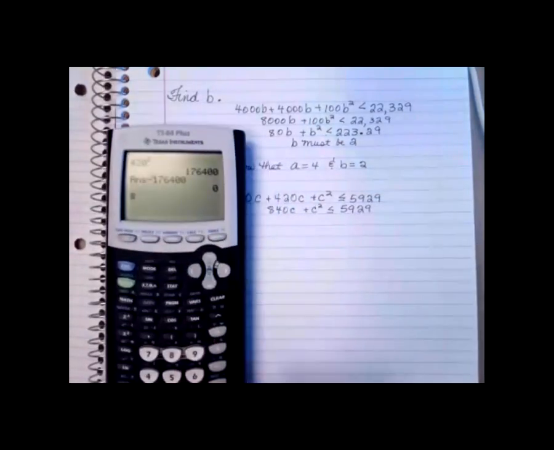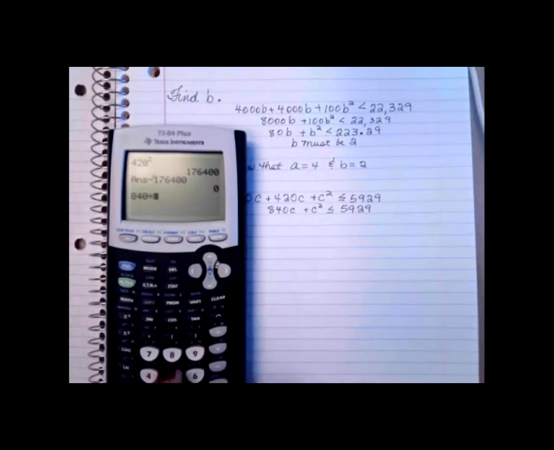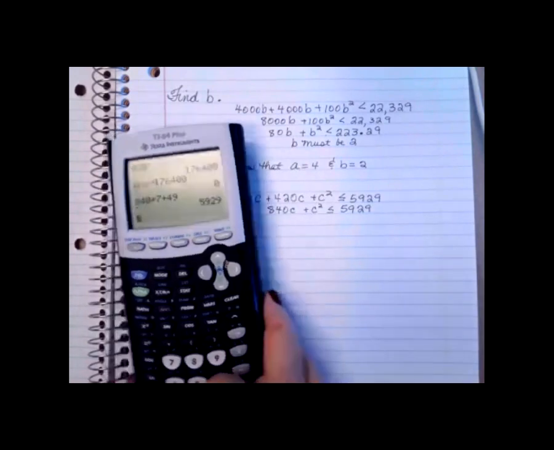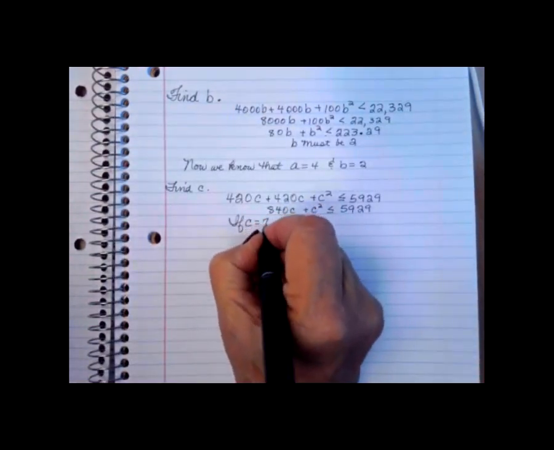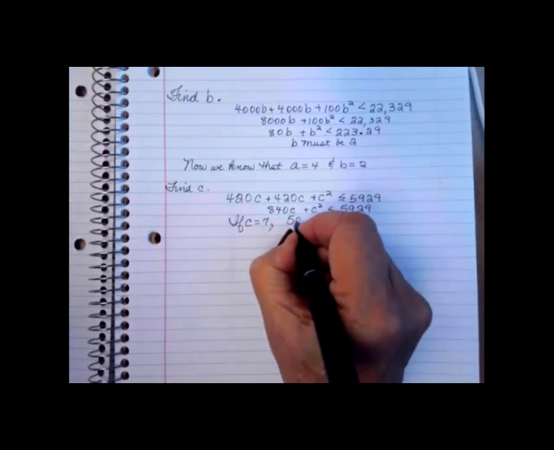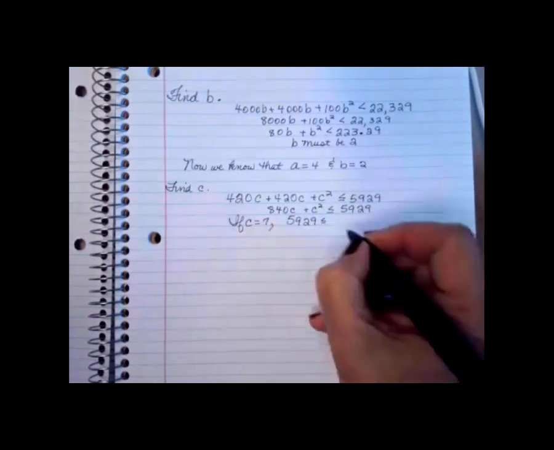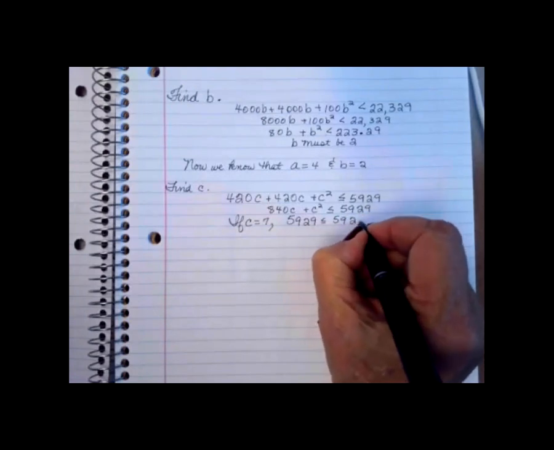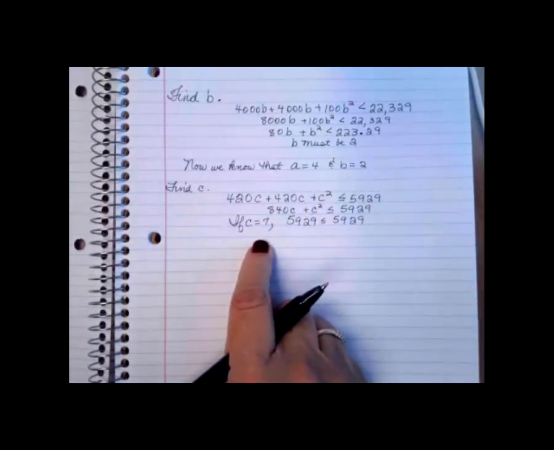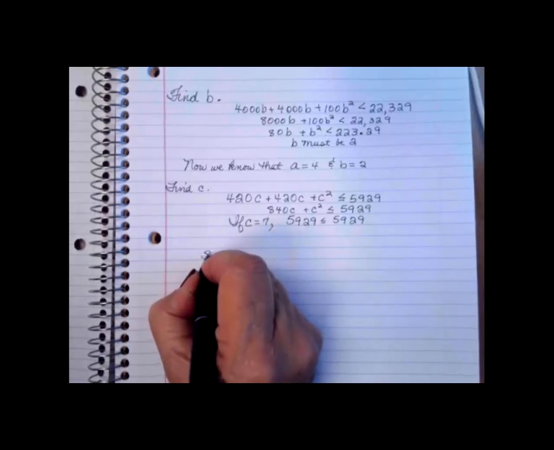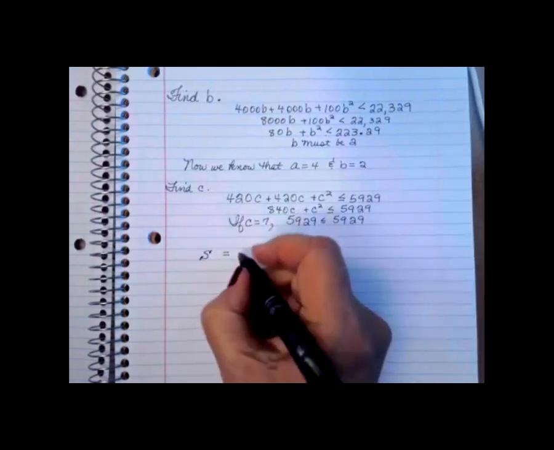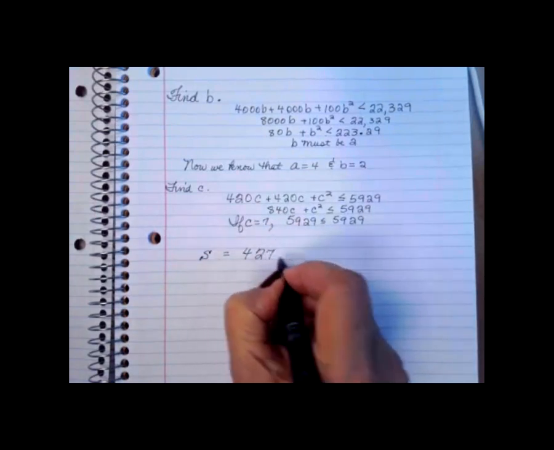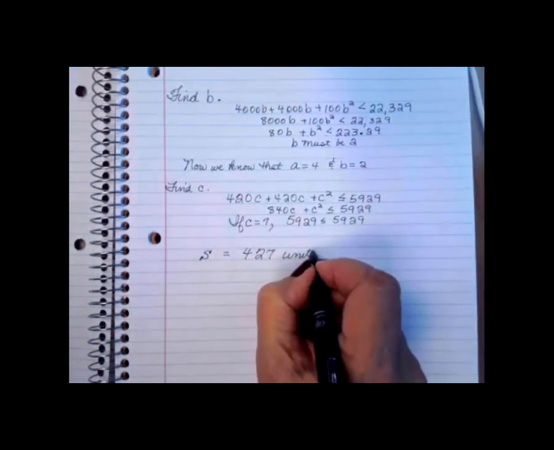But if C is 7, 840 times 7 plus 49 gives me 5,929. So if C equals 7, we get 5,929 is sure enough less than or equal to 5,929. And there's my ones digit. So the length of the side of the square is 427, whatever units I'm using to measure the length.